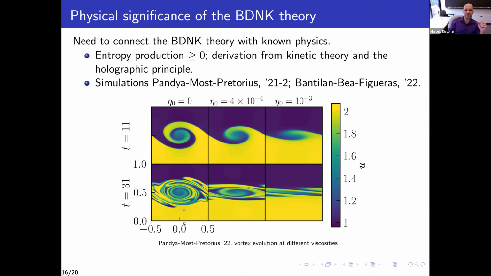The first column is the case without viscosity, the ideal fluid, and you see that what happens is what should happen for an ideal fluid: you just start forming a lot of vortices. But when you start increasing viscosity, where each column is a larger viscosity, eventually the viscosity simply shears away the vortices. That's more or less what your intuition would expect viscosity to be doing.